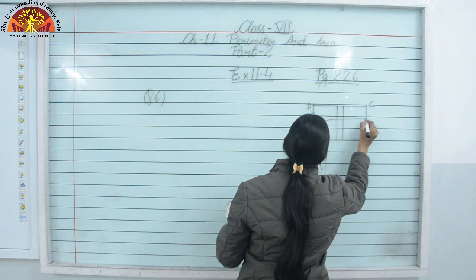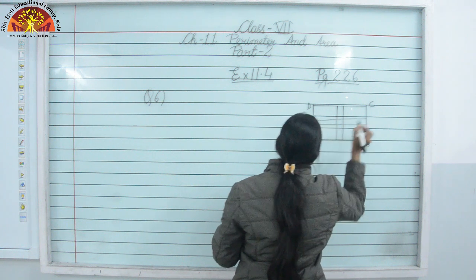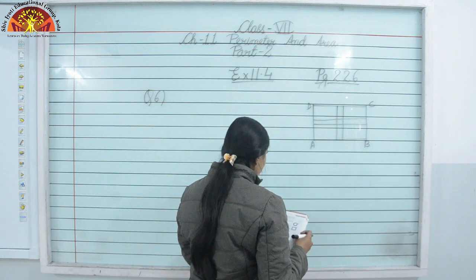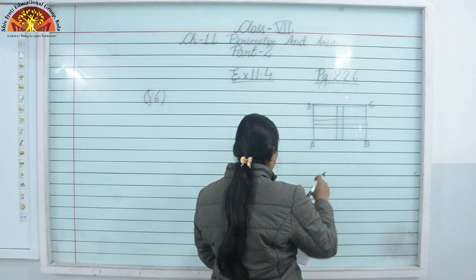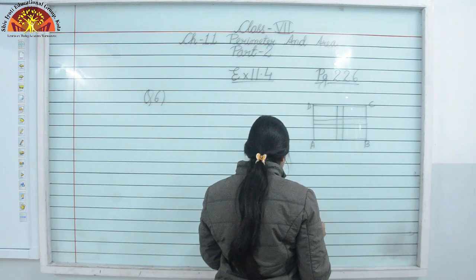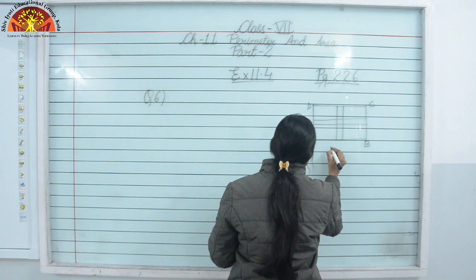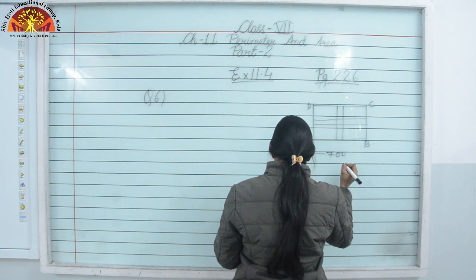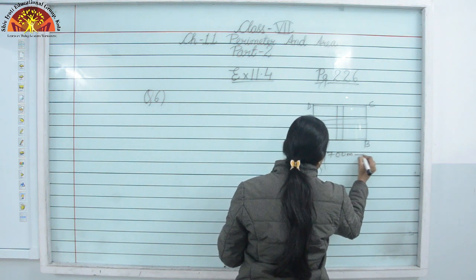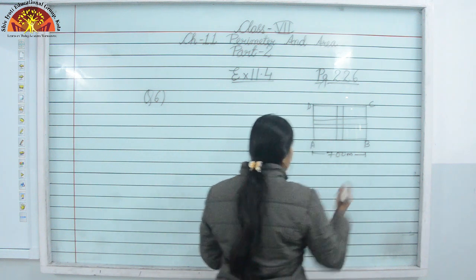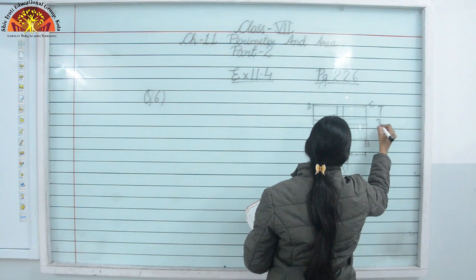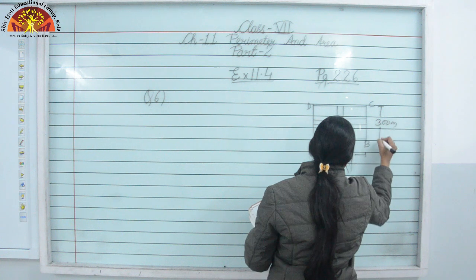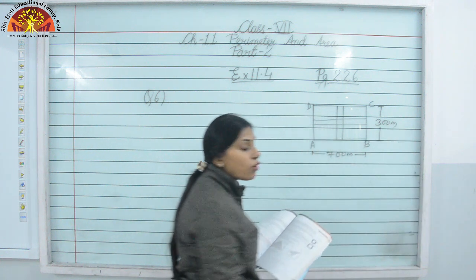These roads cut at right angles to each other, and they lie in the center of the rectangular park. AB is 700 meters and the breadth, that is BC, is 300 meters. These are the dimensions of the rectangular park.